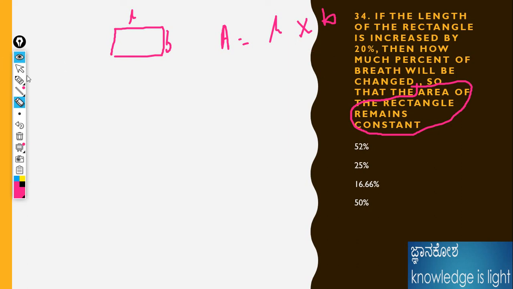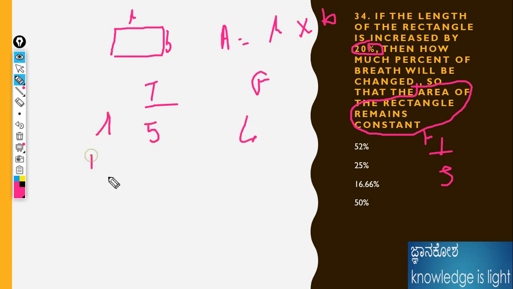The given initial value, we already know 20% of that is 1 by 5. Length is increased, that means L is 5 to 6. The breadth value is not given, but the area remains constant, so it should be less. Therefore take the reverse of the values 6 and 5.